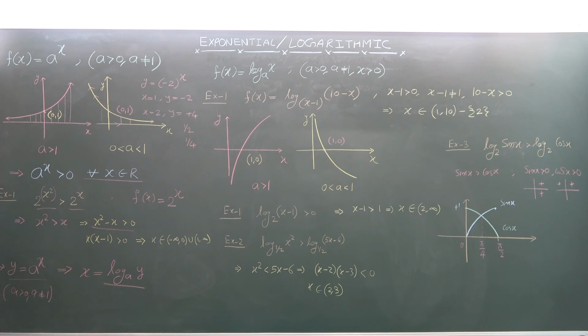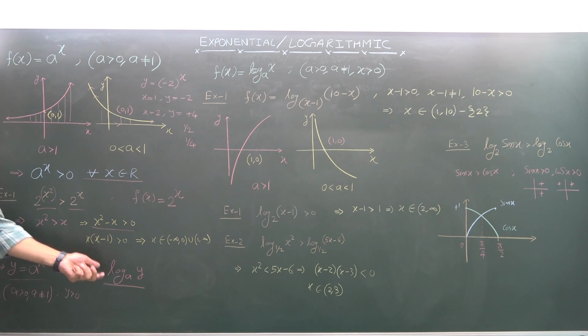Exponential curves are always positive, which means a raised to the power x is always positive, which implies y is greater than 0. So if y equals a raised to the power x, there are two conditions on a and one condition on y. Not exactly a condition, but rather an inference from it.